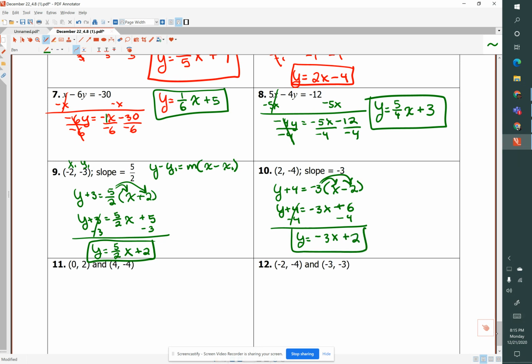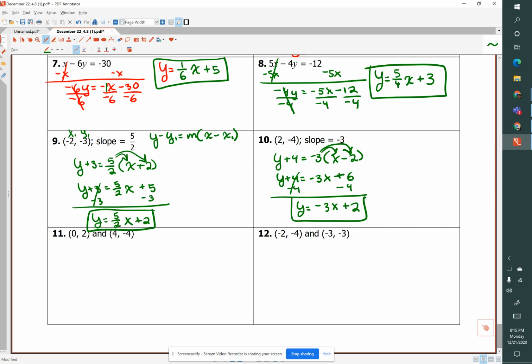And the last two problems. So these are the most work, I should say. They're not really too difficult. You guys have been picking them up pretty quickly. But we have to use the slope formula followed by the point slope formula. So we have to start with x sub 1, y sub 1, x sub 2, y sub 2.